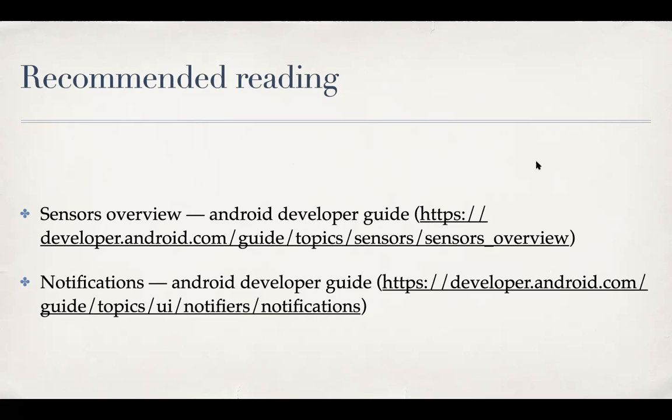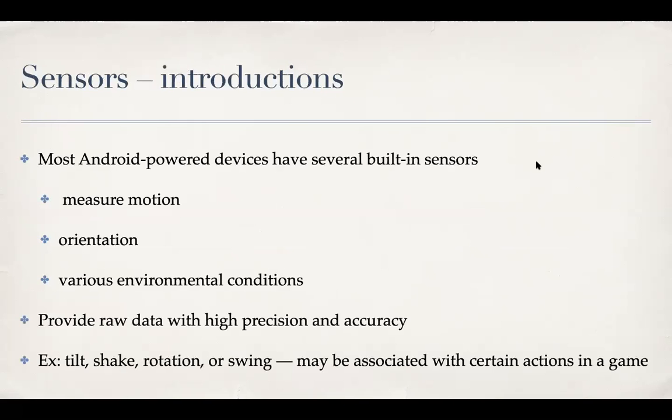Okay. So sensors, first of all. Sensors provide some data from the surrounding, real data from the physical surroundings in most cases, and that can be then used to provide a better experience to the user in various different ways.